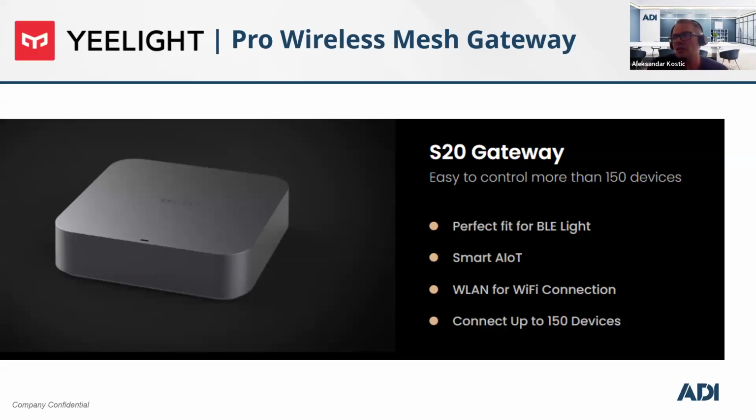You can connect this gateway using Wi-Fi. The whole installation process is quite straightforward. You install the Yeelight Pro application on your phone, connect to the same network as the gateway, and then through Bluetooth you can start setting up the Wi-Fi connectivity from the gateway, and from there you can automatically discover all the lights from the gateway itself.